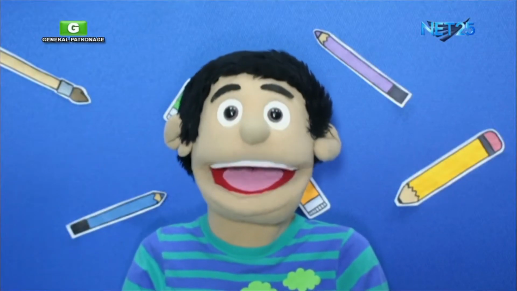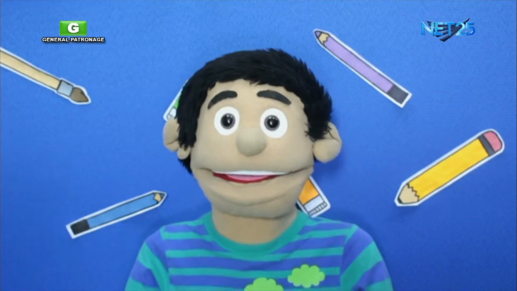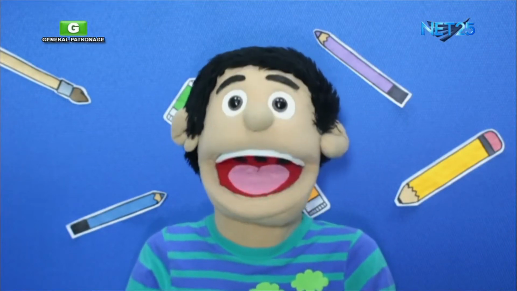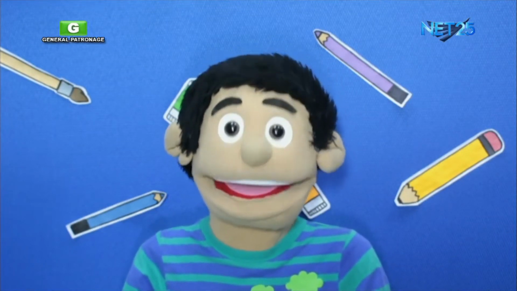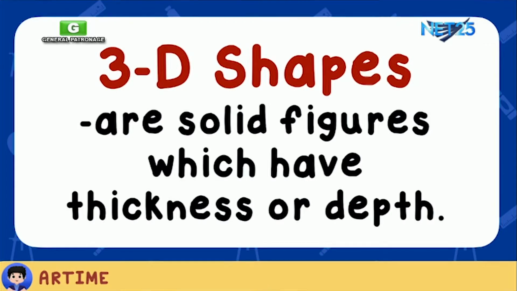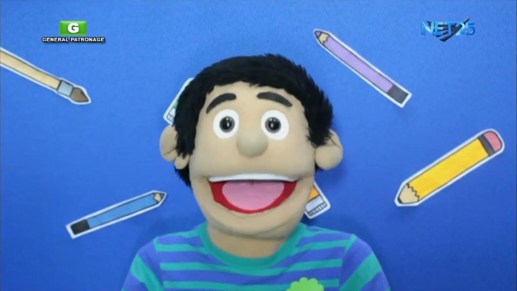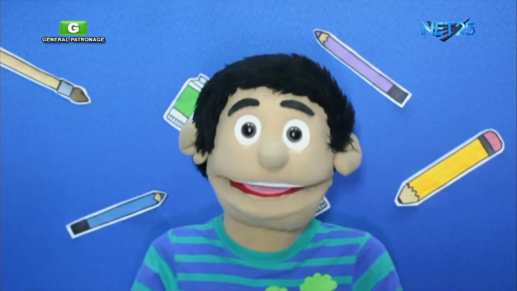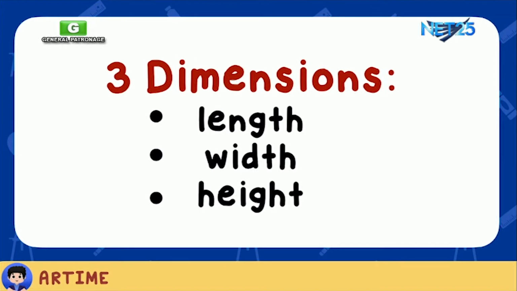Do you know what 3D shapes are? Unlike 2D shapes which are flat and only have the length and the width, 3D shapes are solid figures which have thickness or depth. 3D shapes have 3 dimensions: the length, the width, and the height.